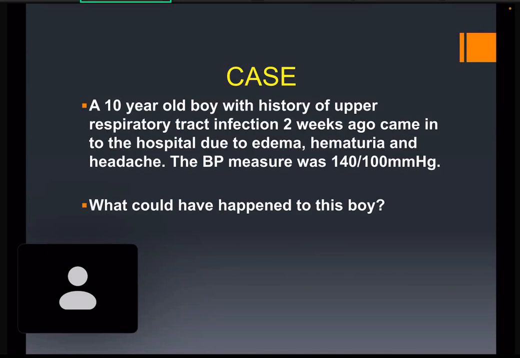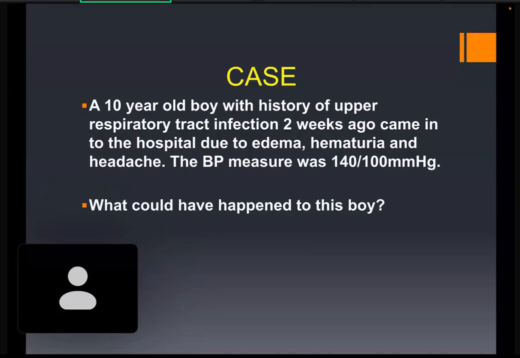This is a case of a 10-year-old boy with a history of URTI around 2 weeks ago, who came to the hospital due to edema, hematuria, and headache, and the blood pressure measurement was 140 over 100 millimeters mercury. So what could have happened to this boy?